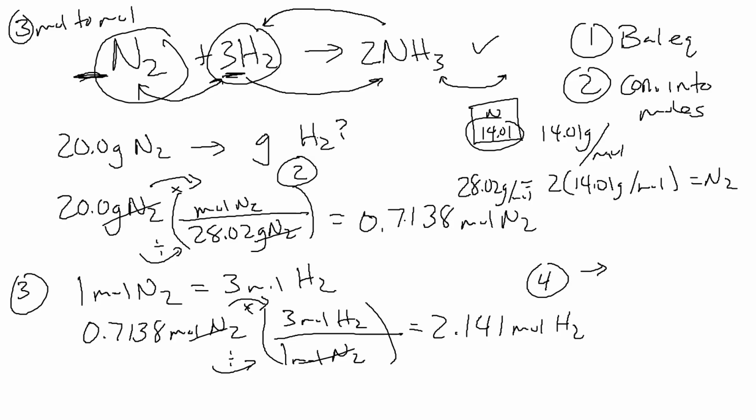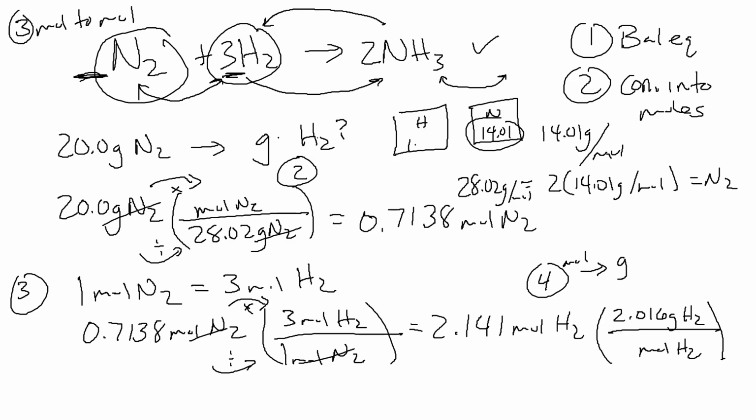Last step is step number 4. We're going to take those units to grams, for example. So we need the molar mass again of H2. We calculated previously 2.016 grams of H2 per mole of H2. That again comes from the periodic table, 1.008. You need to times it by 2 because it's H2. And the moles here are going to cancel.